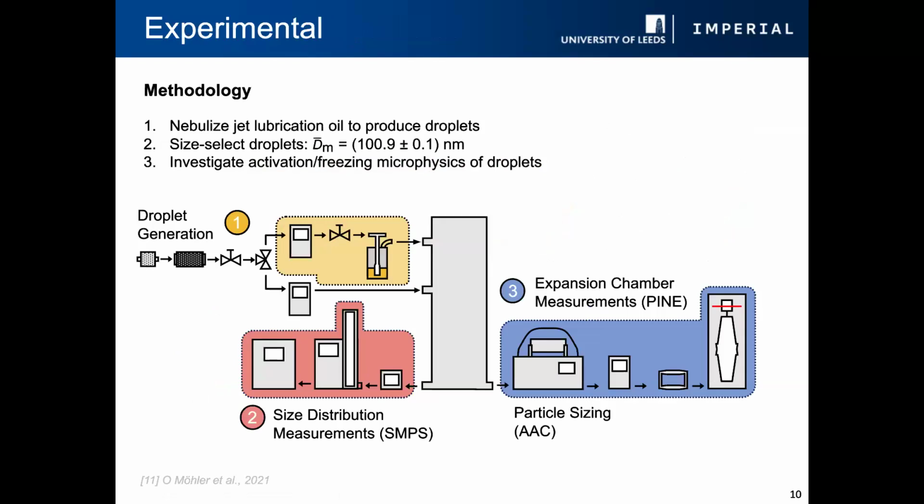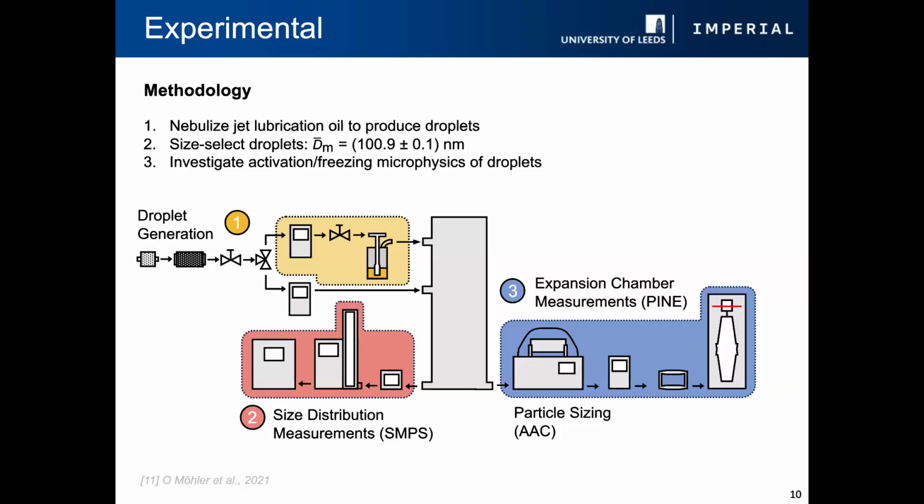We had a method to generate oil droplets of around 100 nanometers in diameter. We used an SMPS to measure the size distribution, and we put those particles into an expansion chamber called the portable ice nucleation experiment.